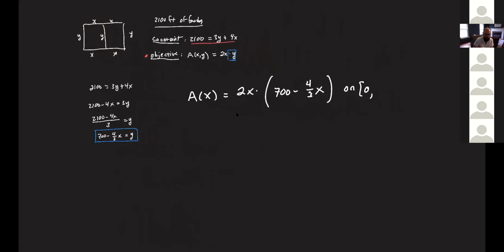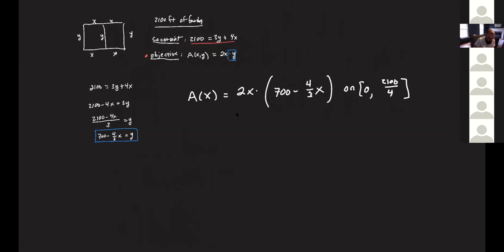I could use all the fencing on there, but I would have to divide it up equally, right? So this would be 2100 over 4. Yeah, right. So you divide it up into 4 equal spots. All right, so this is the interval that I want to optimize over.